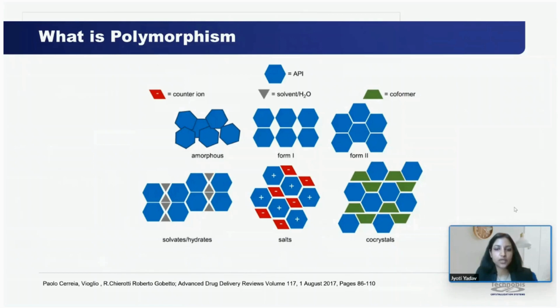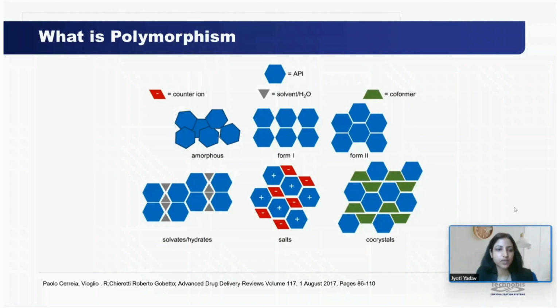Then form 1 and form 2, where molecules are arranged in different structures. And if we incorporate a secondary molecule, for example, different solvents form solvates, and water forms hydrates. And then if there is ionic bonding, we get salts. And if there is hydrogen bonding, we get co-crystals.